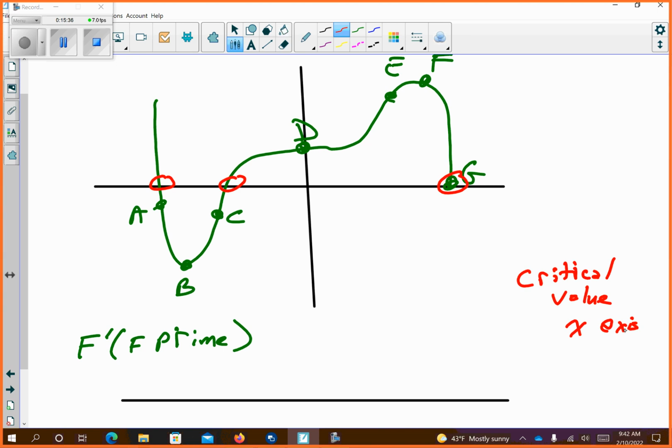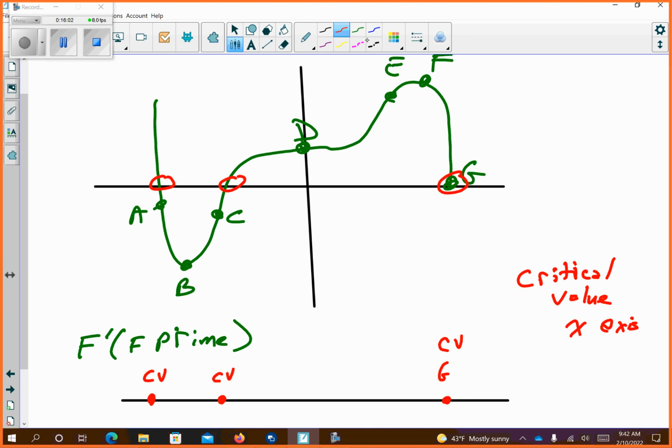Okay? So I'm going to draw kind of straight down. Right here I have a critical value. I don't know what the value is, but I'm just going to put it. There are times that you definitely will know what the critical value is. This is point G, which is also a critical value. I don't know what those other 2 points are because we don't have them labeled on that.